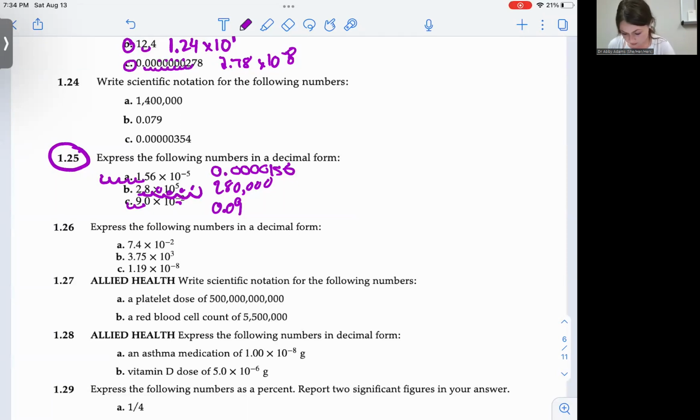And so here you want two significant figures, because you have two significant figures in your number here, 9.0. So 0.090. You need two significant figures. Got to remember. Did we do that with our other problems? Yes, we kept that.